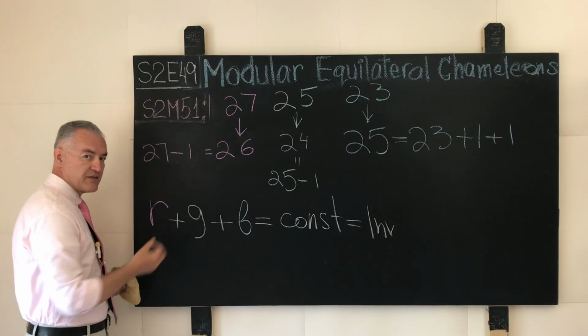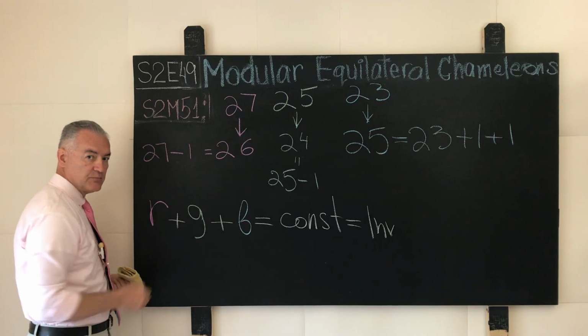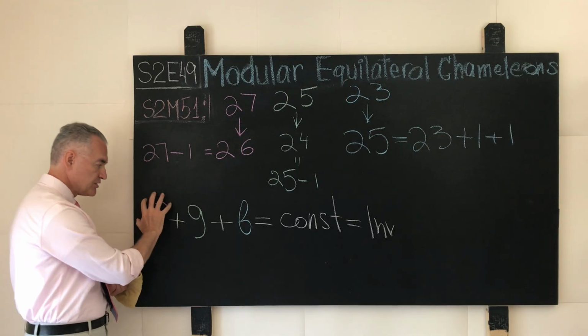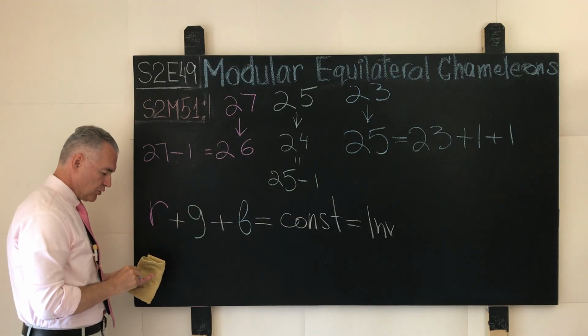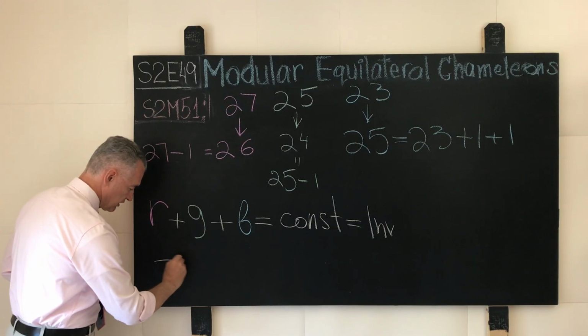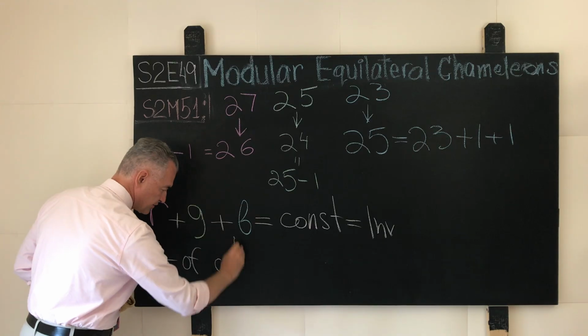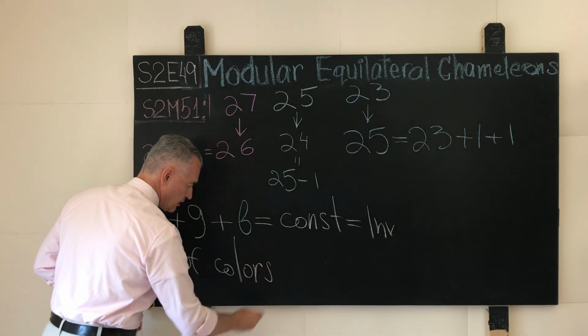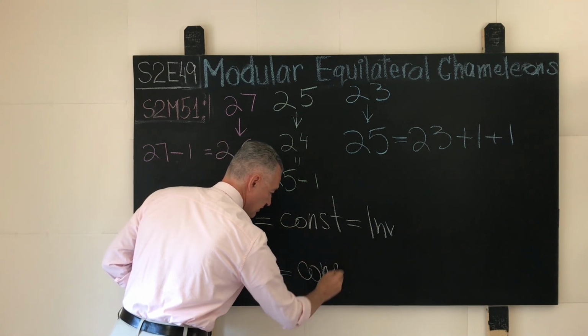During our mathematical experiment, no new colors are added into the mix and no existing colors are removed from the mix. So the total number of colors also remains constant.